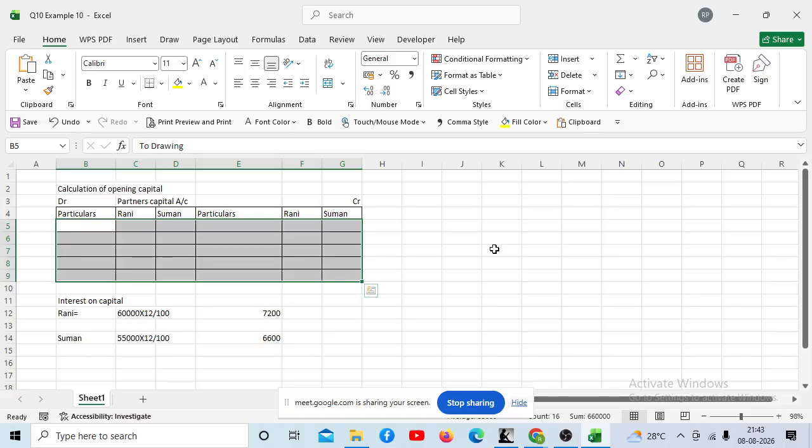Okay, so prepare it also. Draw only these columns and the golden box, don't write this, we will calculate it afterwards.